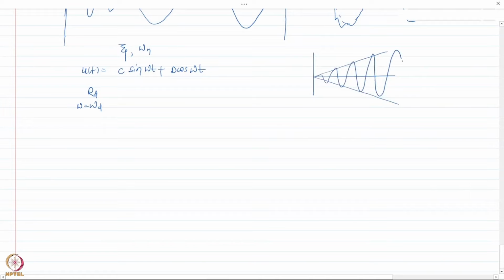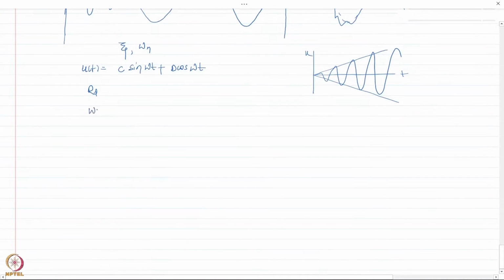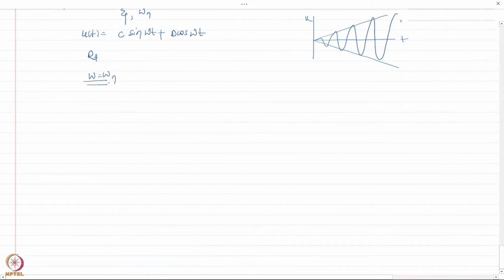Okay, let us see what happens for a damped system. Let us see if we still get a similar kind of behavior. So what we want to do, for omega equal to omega n, I would like to find out the expression for u(t) and then plot it, and see as time evolves what happens to the response.